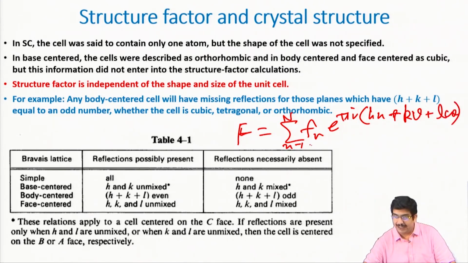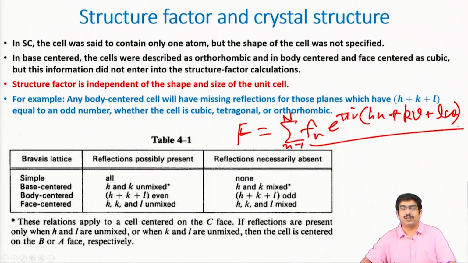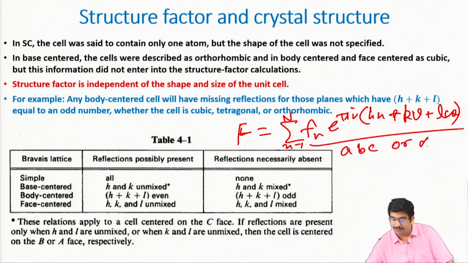This does not contain any crystallographic information. What does this mean? This means that the structure factor is independent of the shape and size of the unit cell. It does not depend on a, b, c or alpha, beta, gamma. The structure factor expression does not have anything like a, b, c or alpha, beta, gamma.